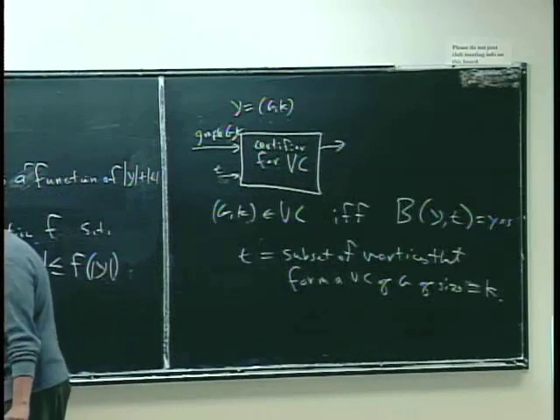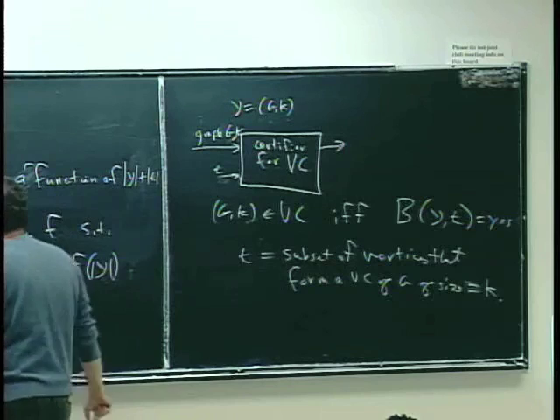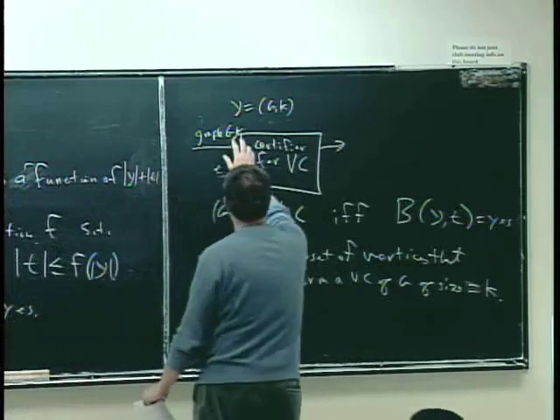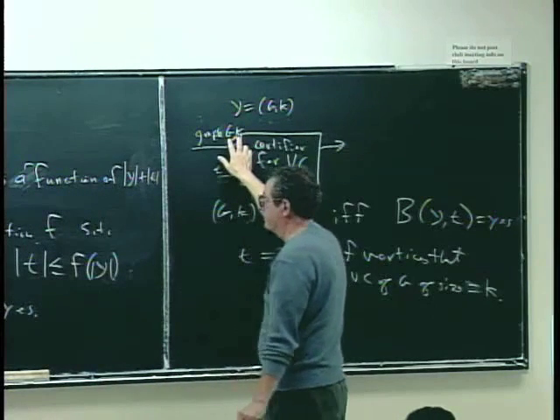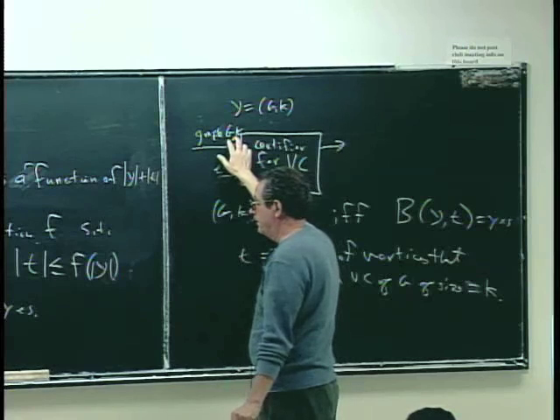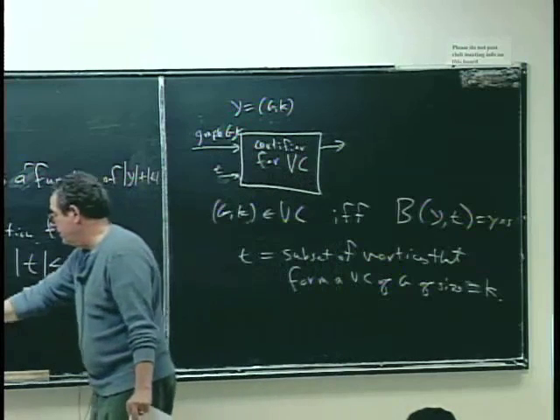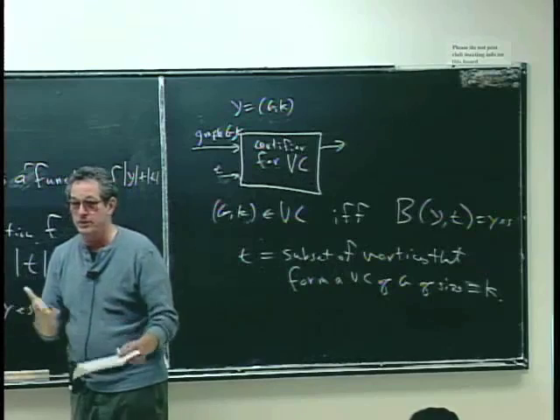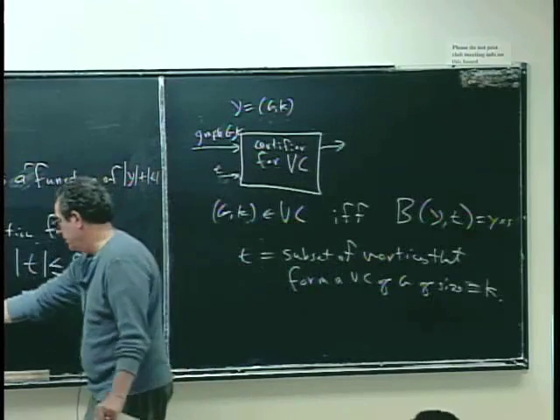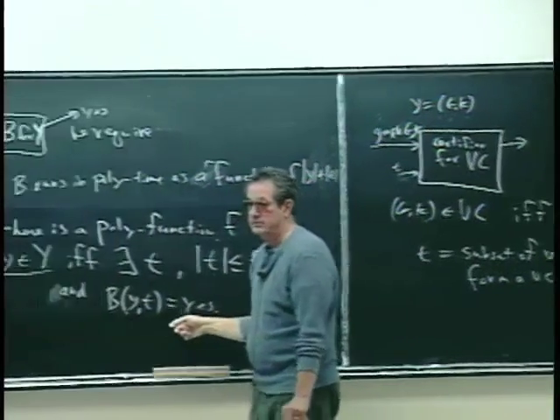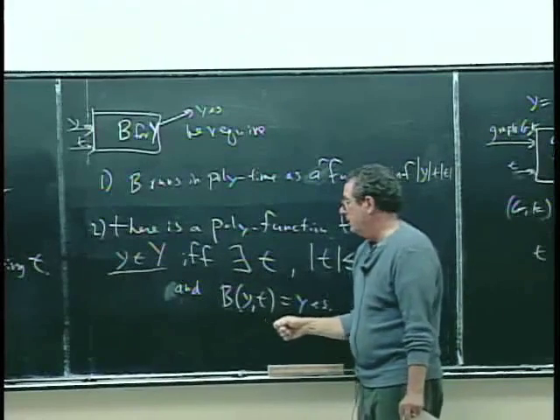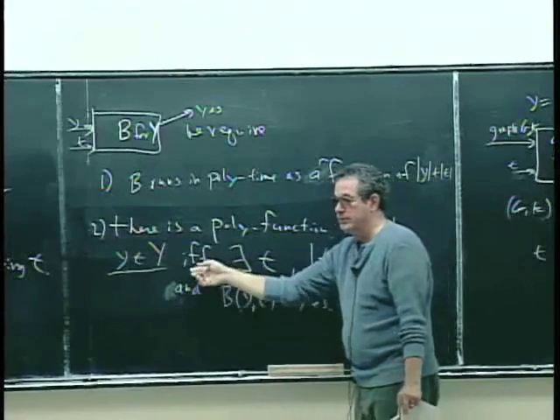And Y is in capital Y. That is, there really is a vertex cover of size K if and only if this particular algorithm, this particular checker that I've just specified, says yes. Okay? Well, so you have to think about it in both directions.